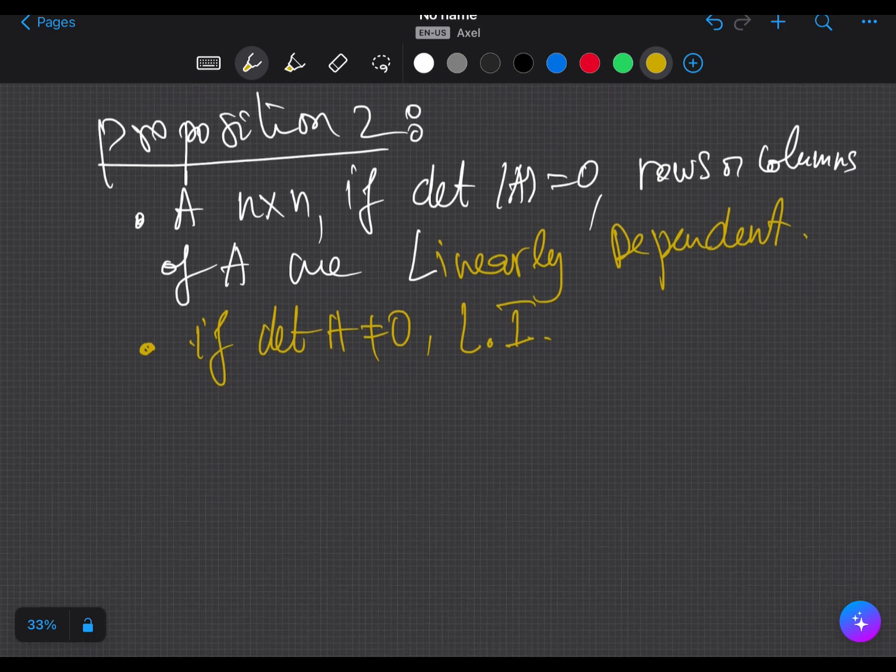Now we can also have some other properties of the determinant.